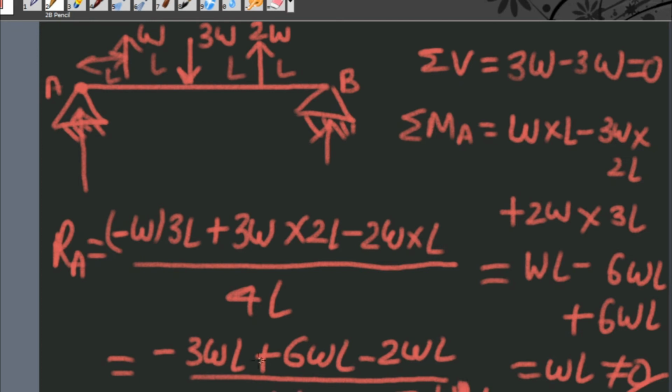Not L, because L cancels. So W by 4 is the reaction at the point A. And as we have discussed, when the vertical forces are 0 but the moment is not equal to 0, the reaction forces are opposite in direction. So at point B, the reaction will be in the downward direction with magnitude W by 4. From this you can calculate any of the reactions.